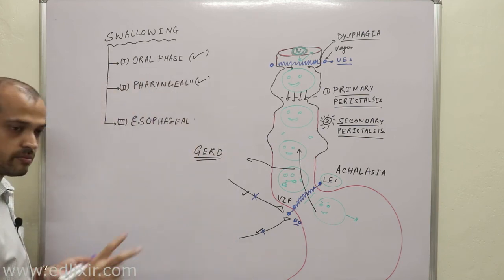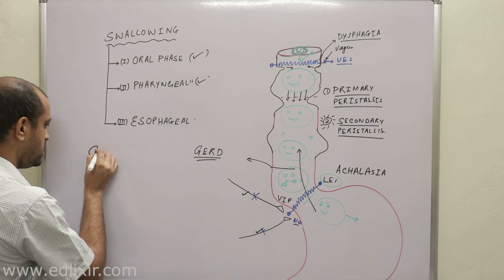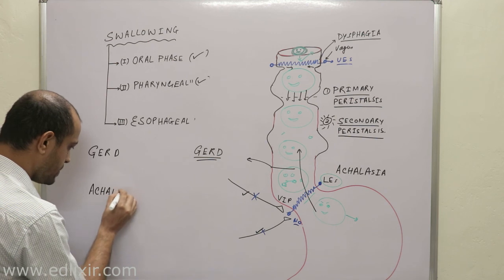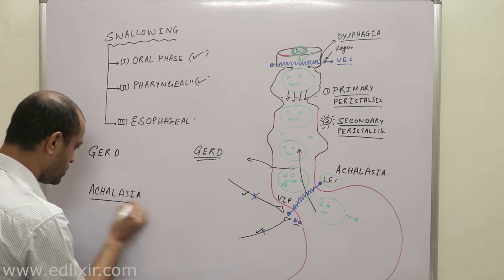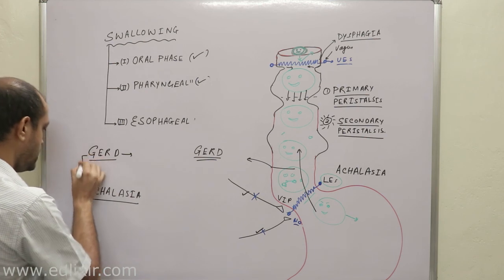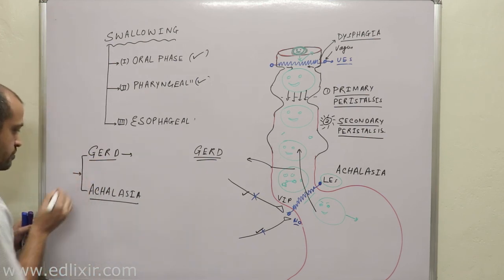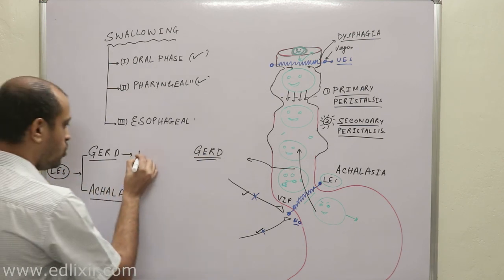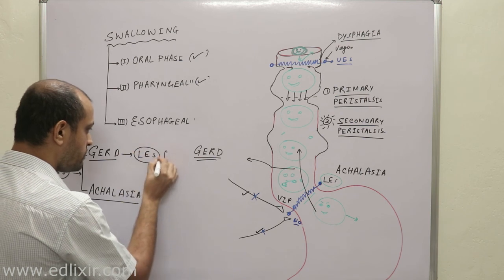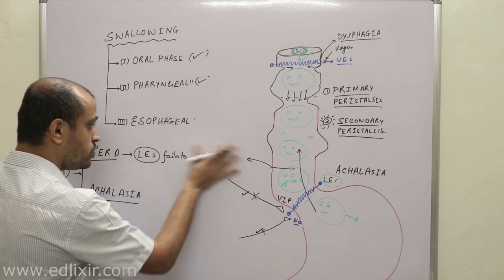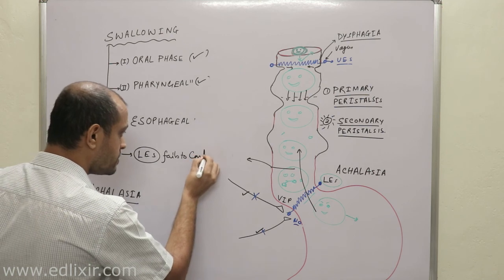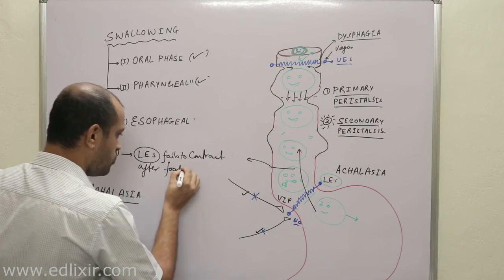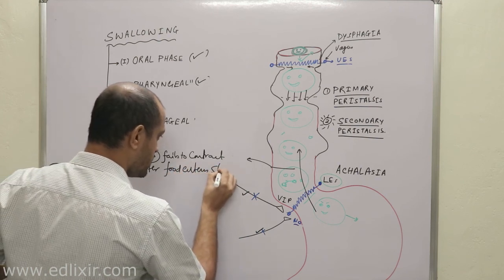Now, up till now we have discussed two diseases, that is GERD and achalasia, okay. The important point here we need to understand is that both GERD and achalasia are actually problems arising due to the lower esophageal sphincter. Now in GERD, the lower esophageal sphincter fails to contract after food enters the stomach.